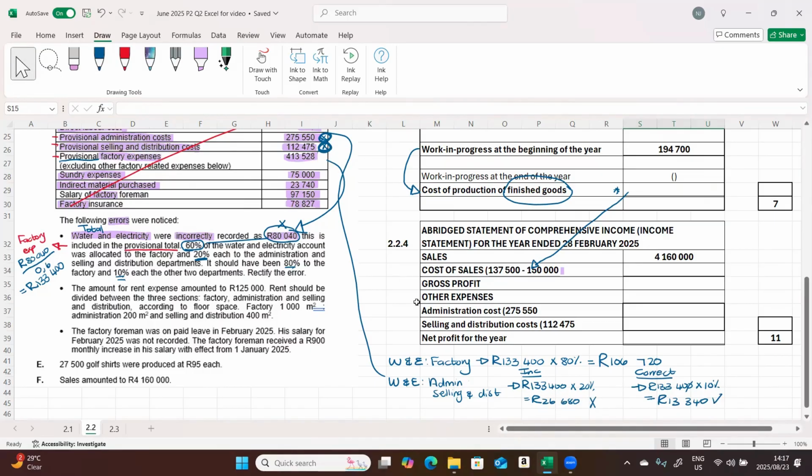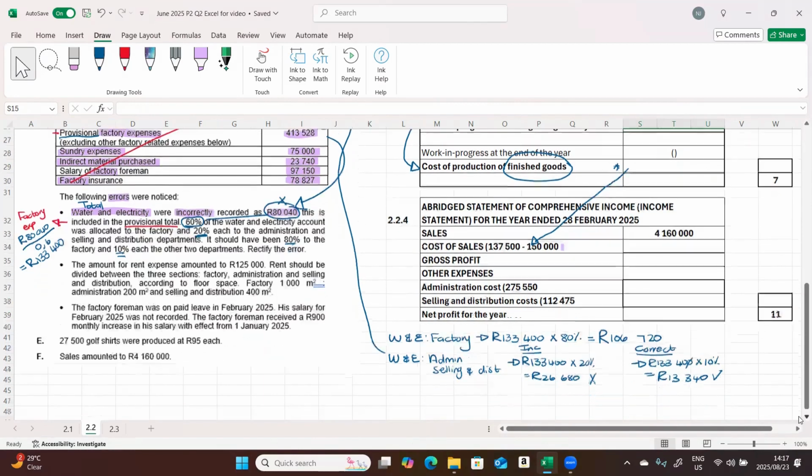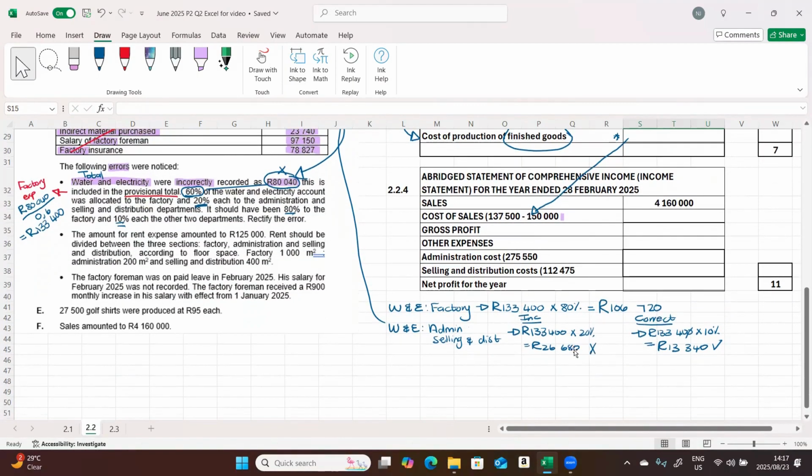So we are going to have to reduce these two provisional totals with the difference between the incorrect and the correct. Okay, so we have to reduce it from this to this, which means the adjustment amount is the difference between these two, which is obviously 13,340. So there is our adjustment amount.